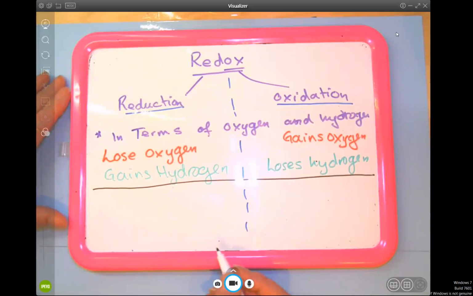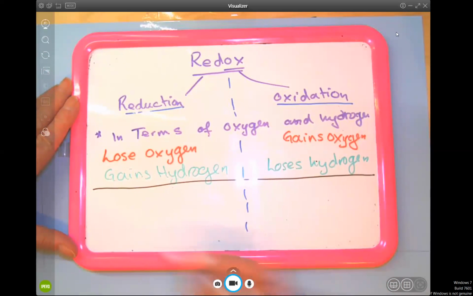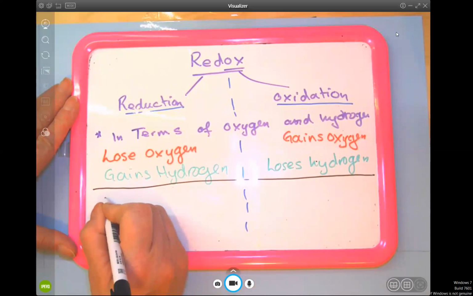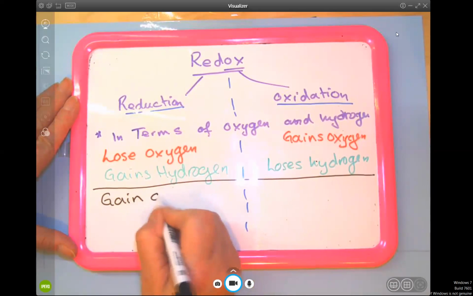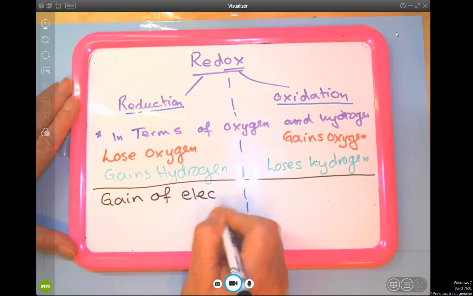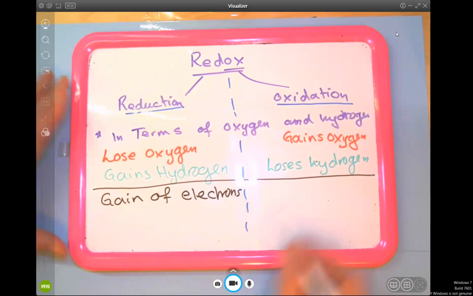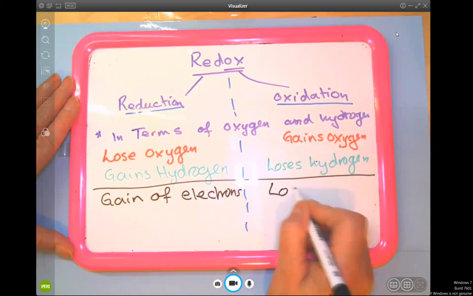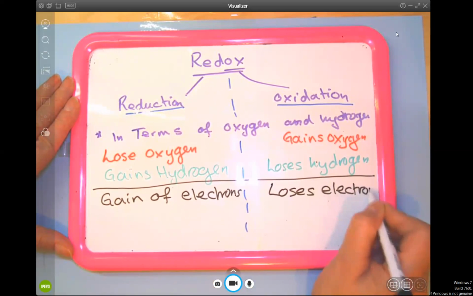So if we've got gain of electrons, it's going to be called reduction. So if our substance gains electrons, we'll say it's reduced, and if it loses electrons, it's going to be oxidized.